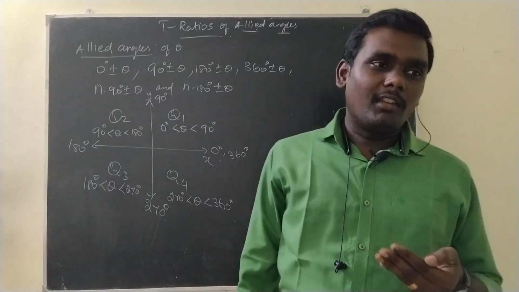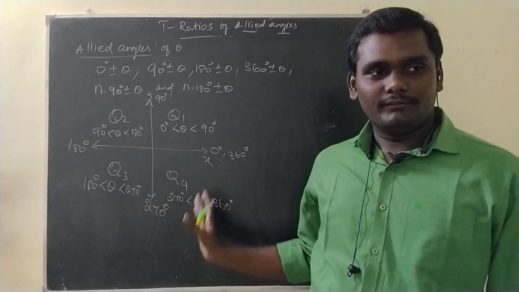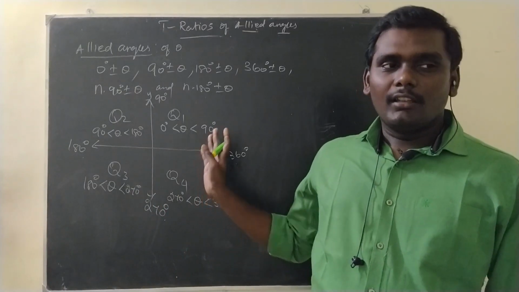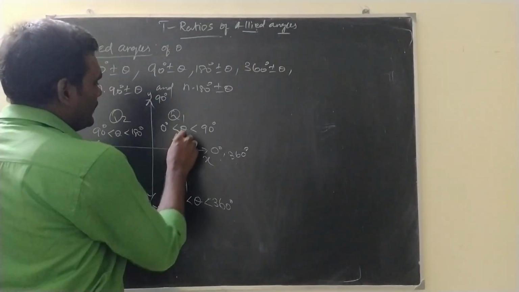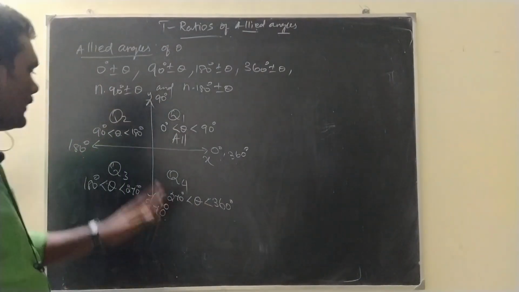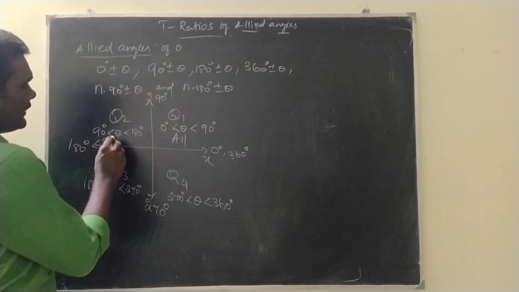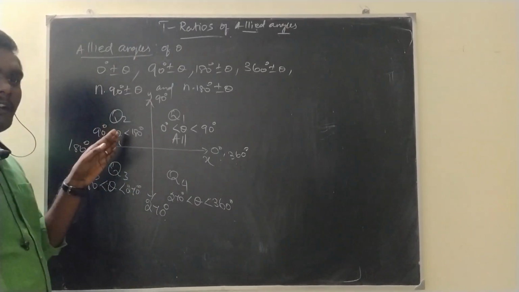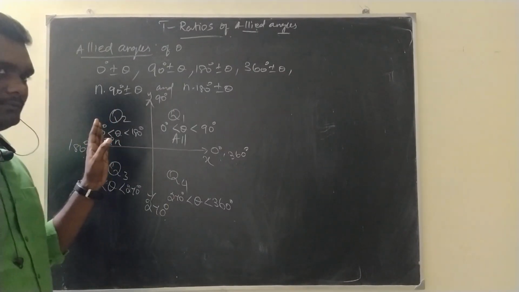Now, as these angles lie in each quadrant, there are some favorites also. Our 6 trigonometric ratios are there, no? They have divided their territory over here. The first quadrant is common for all: all trigonometric ratios would be positive. In the second quadrant, sine has occupied the territory. Only sine and reciprocal of sine would be positive here. All the other ratios are negative.